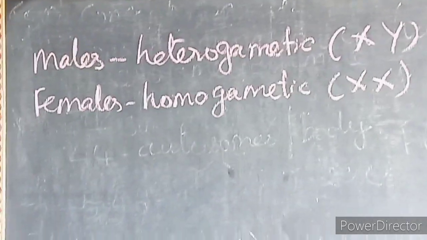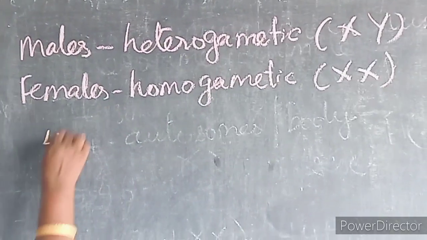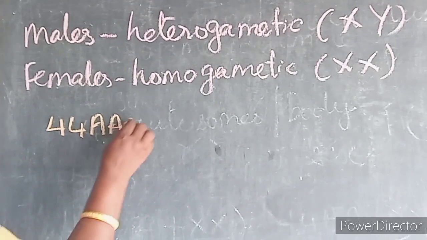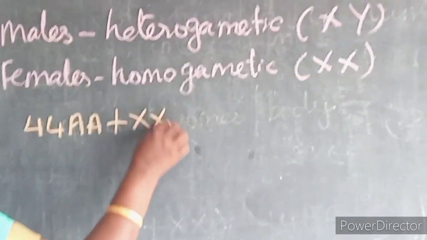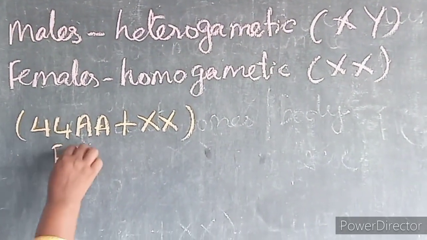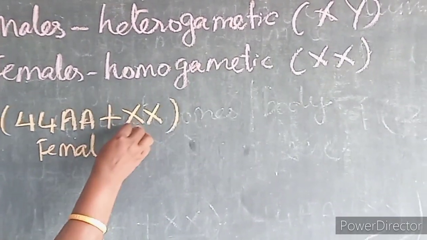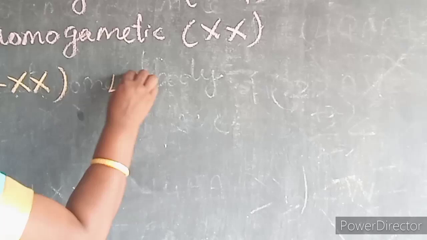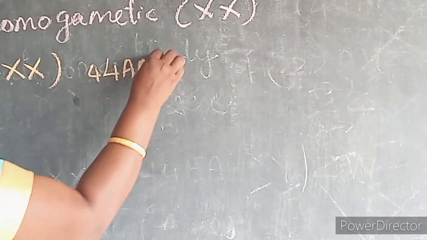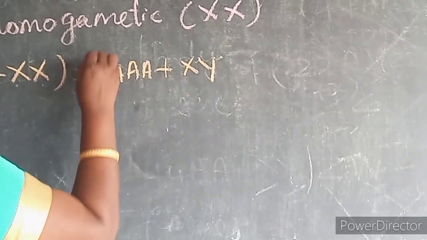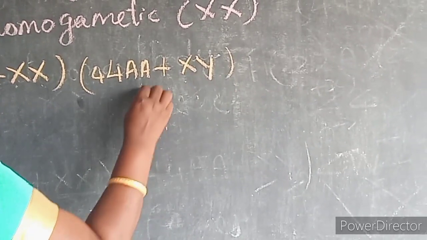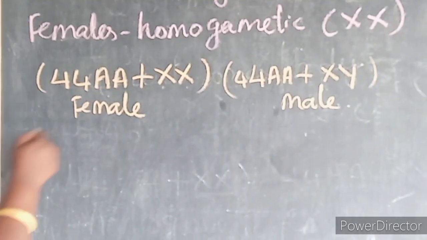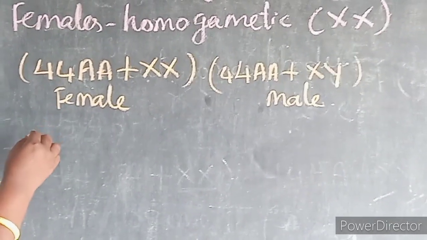Homo means what? Similar, producing similar type, that is X and X. So we'll see the checkerboard, that is 44 autosomes, A represents the autosome or the body chromosome, plus XX. So it is the female having two similar gametes. Then 44 autosomes plus X and Y, having two dissimilar gametes, then it is a male. Then during the meiosis, it reduces half of the chromosome.